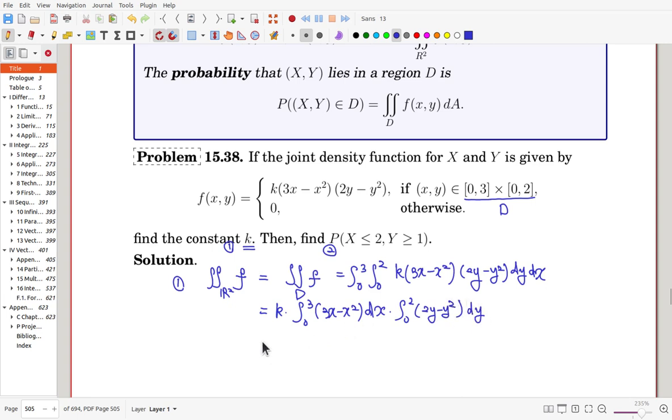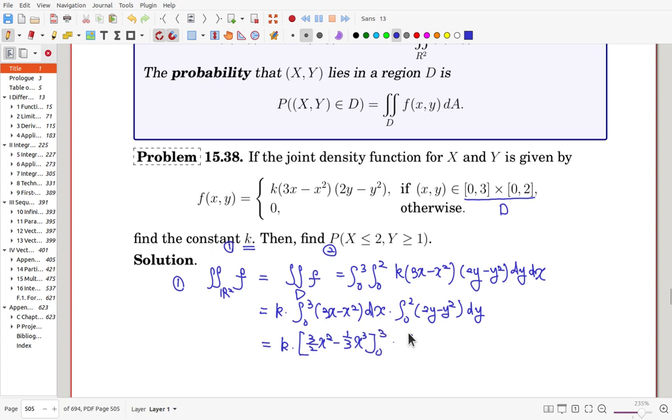So there's k times this one: 3 over 2 x squared, right? The antiderivative, and minus 1/3 x cubed, from 0 to 3.